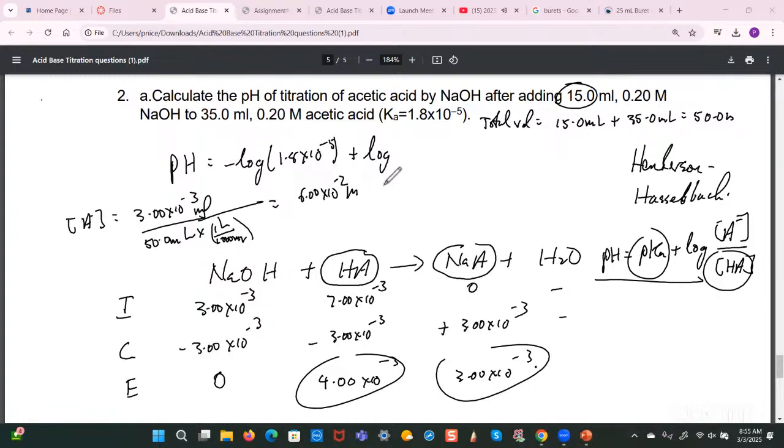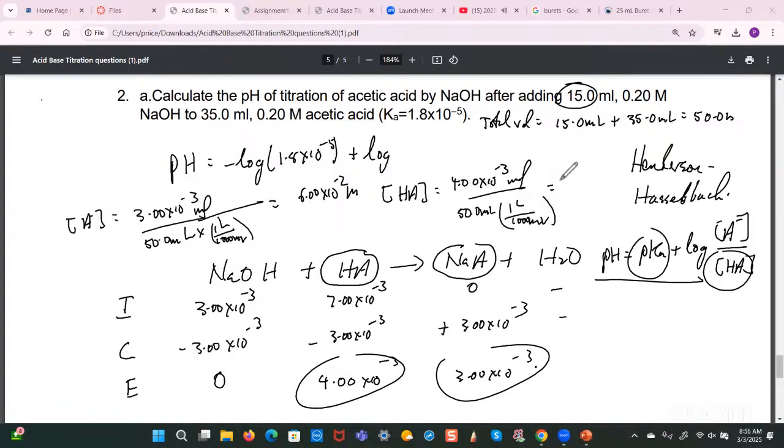We also need to calculate the concentration of HA. I'm sorry for this looking so jumbled. So for HA, that would be 4.00 times 10 to the minus 3 moles divided by, again, the volume, which is 50.0 mL, multiplied by 1 liter over 1,000 mL.